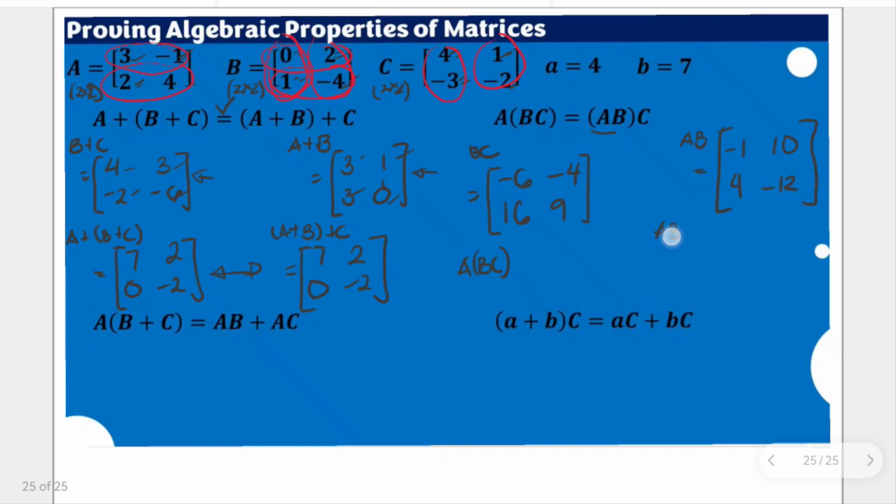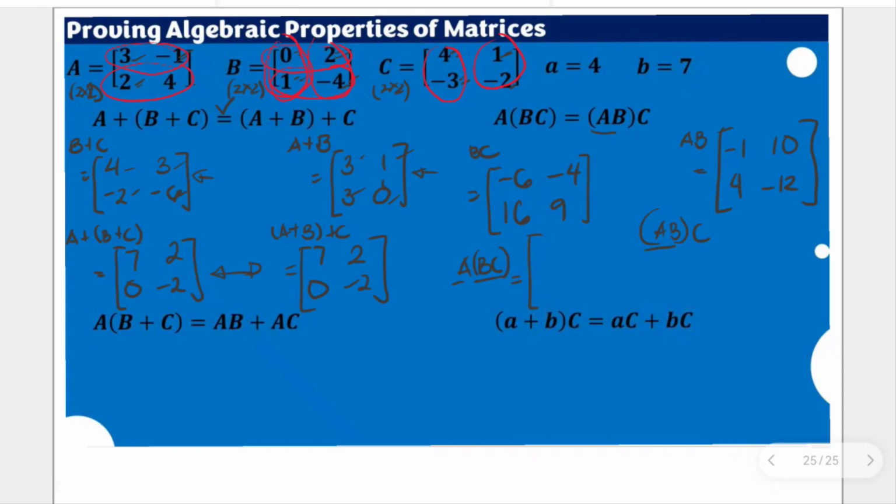And we're going to multiply this to our C. But take note of the arrangement. It should be AB first before C. In short, the rows of AB versus the columns of C. On the other side, notice that it's A times BC. So it's the row of A times the column of BC. That changes the process.